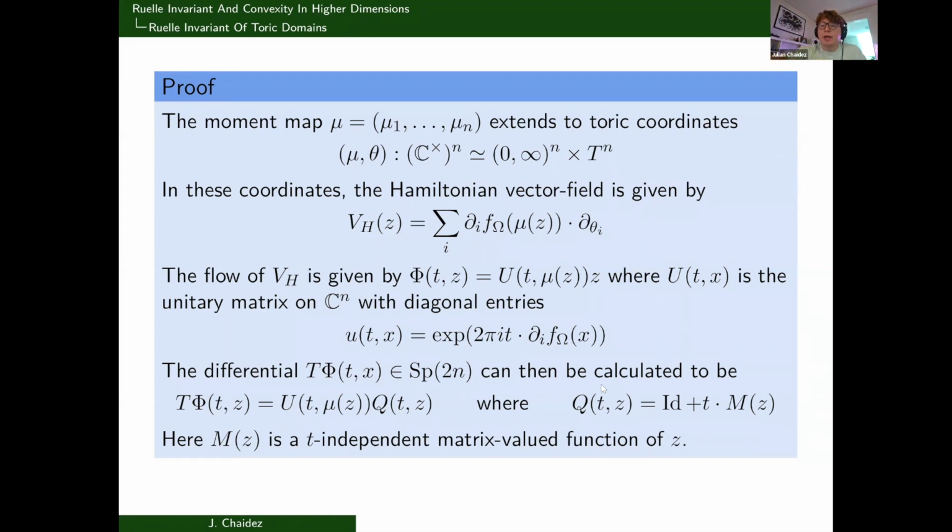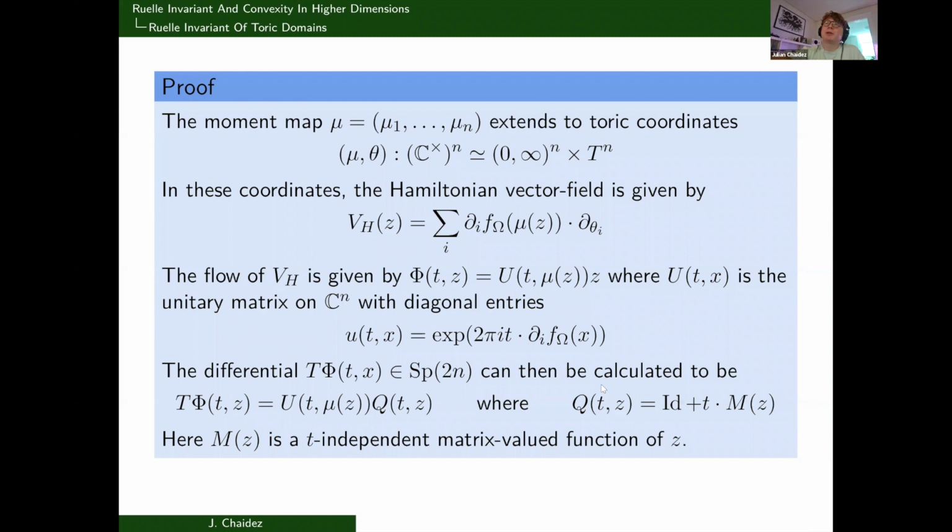And in these coordinates, the Hamiltonian vector field of the canonical Hamiltonian for the toric domain is given by this formula. It's basically dθ_i, where θ_i are the circle coordinates in this chart, multiplied by the derivatives of the defining function f.